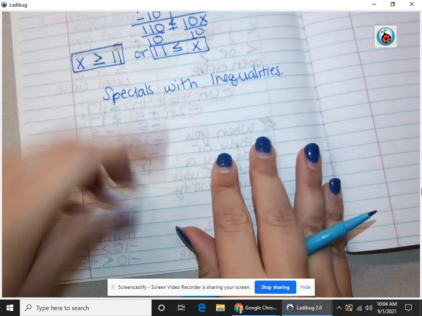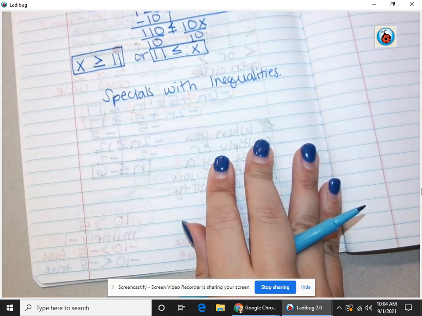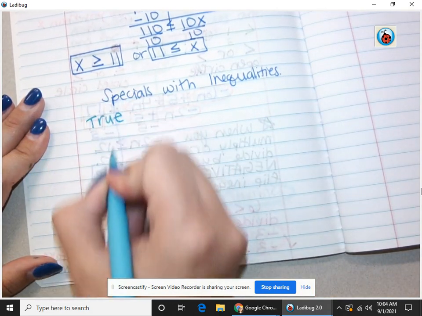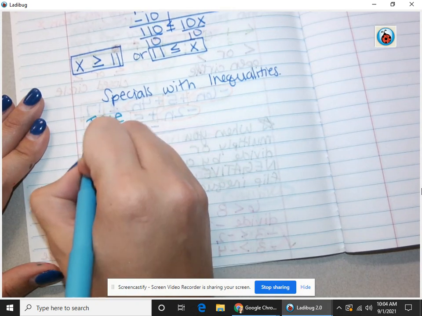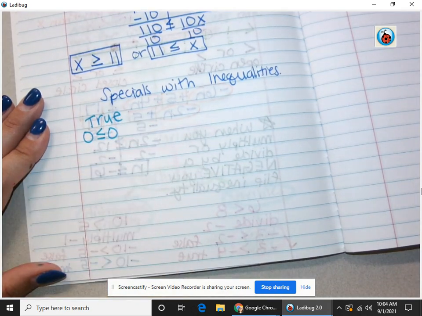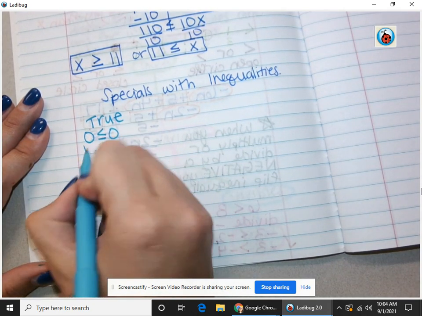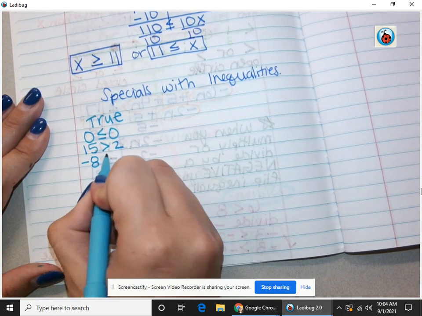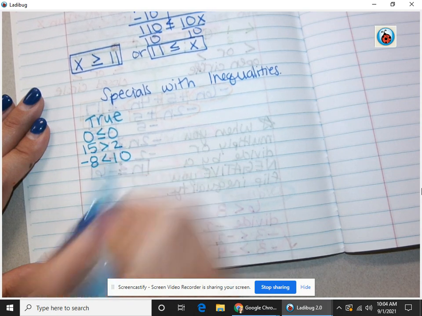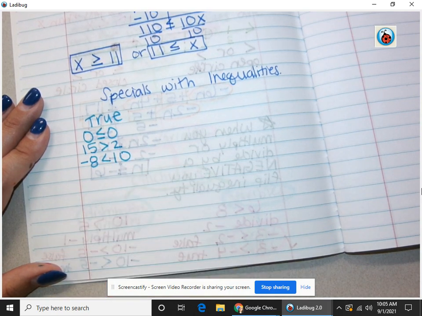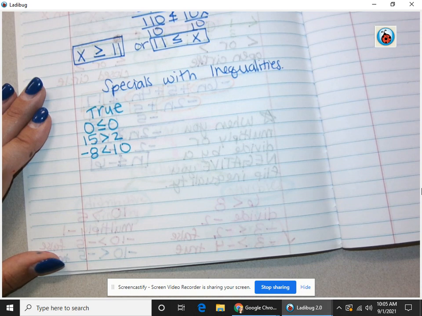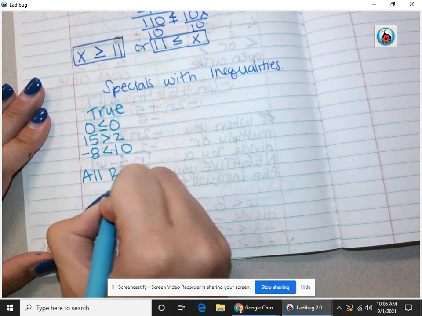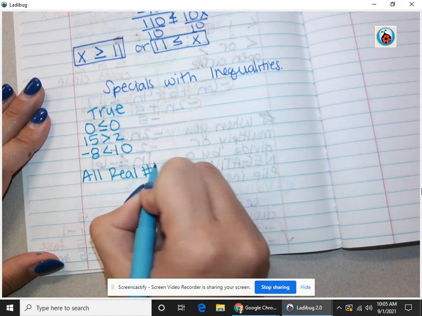If we solve an inequality and our x's cancel out, but our statement is true, so if we get something like 0 is less than or equal to 0, or 15 is greater than 2, or negative 8 is less than 10, all of these are true statements. If you get a true statement, you have all real numbers.